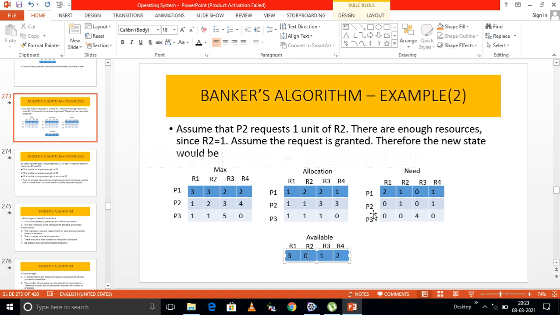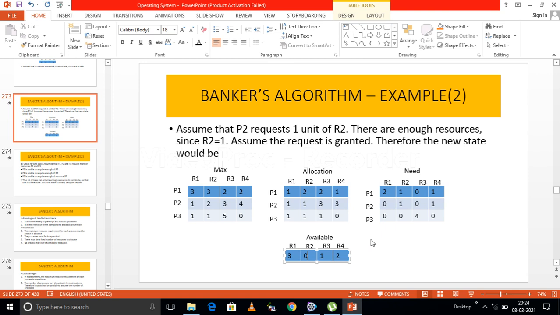Hence the entire system moves to the unsafe state. Only allocating this 1 instance to process P2 leads the entire system into the unsafe state.